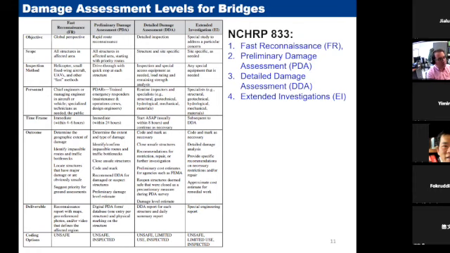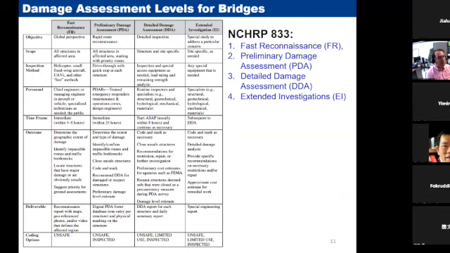There is no national standard on how we should assess bridges after an earthquake. There are some guidelines by different DOTs, so they have different measures and different tools to comment on the serviceability. So the national specification is missing. However, there is a national guideline, NCHRP 833, that performs the assessment at 4 levels.